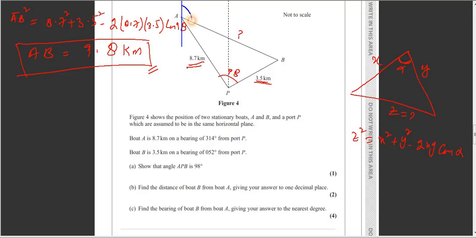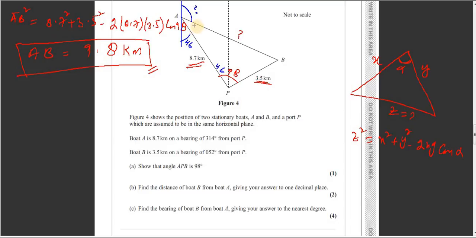This is the bearing that you need in part C. I know that this angle is 46, which we found in part A. If this is 46, this angle will be 46 because of alternate angles.